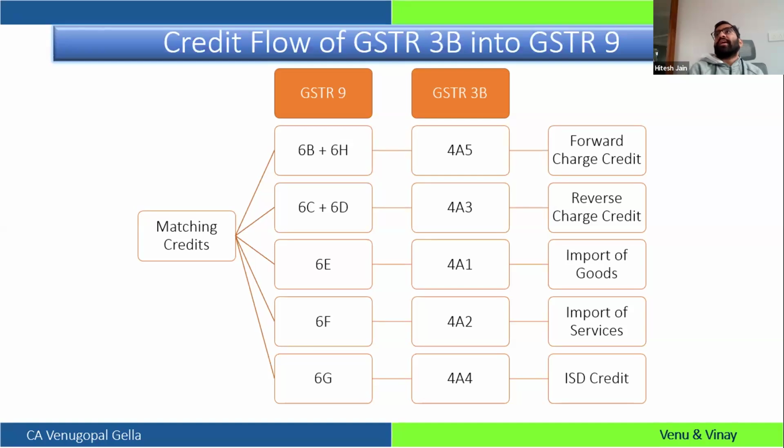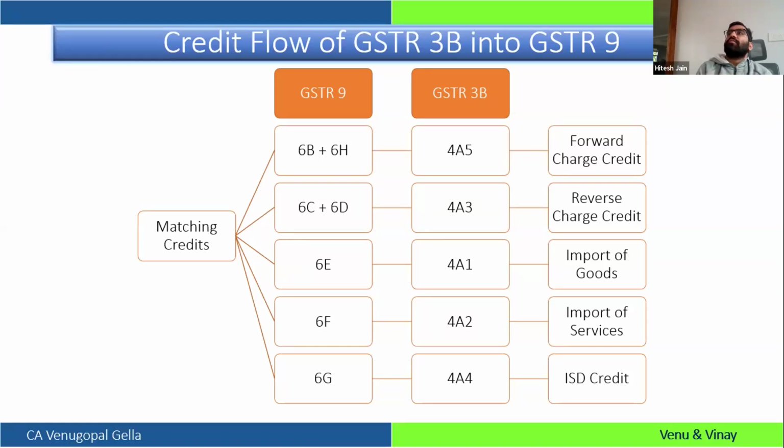Table 6H is another table which is of very much importance in filling of GSTR-9. This is because with the incoming of the disclosure mechanism in GSTR-3B, whereby 4B to 4D1 disclosure gets started, if we have done any such disclosure during the monthly returns, then all the ITC which we have shown as reclaimed and disclosed in table 4D1, we need to post it in table 6H of GSTR-9.